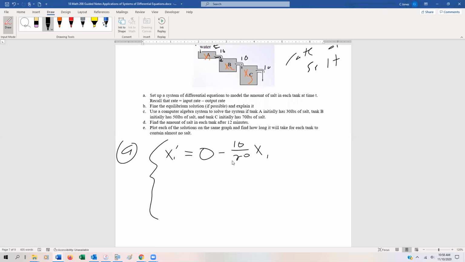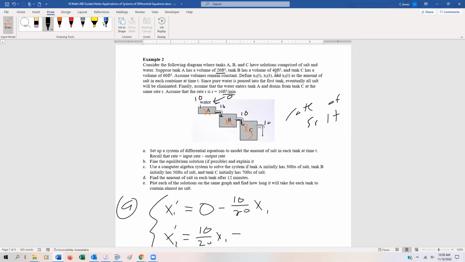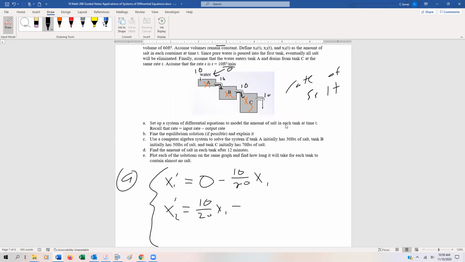Now x2 prime, what's coming in? Well, what's coming in is 10 out of 20 x1. And what's leaving? Well, remember we said that tank B has 40 cubic feet. So that's going to be 10 out of 40, whatever the amount of salt is in x2.